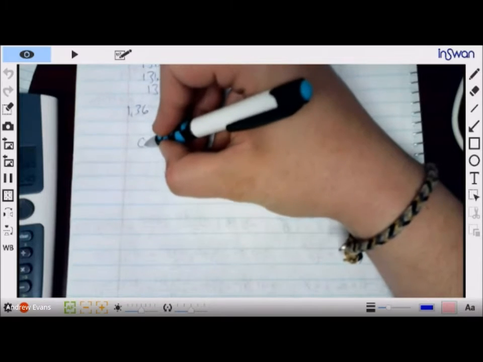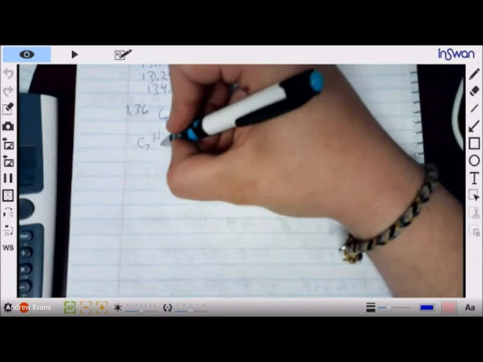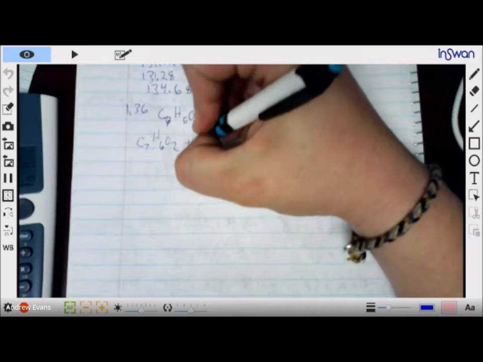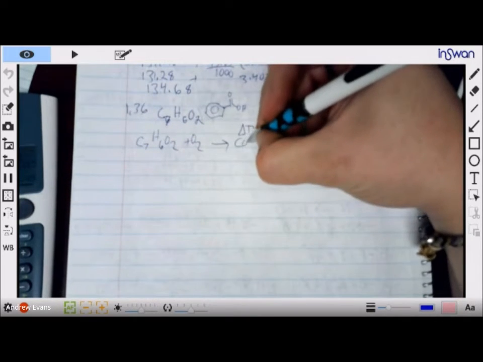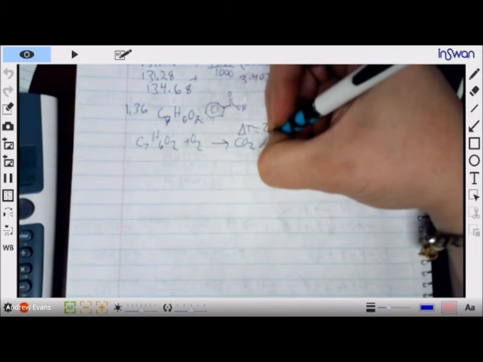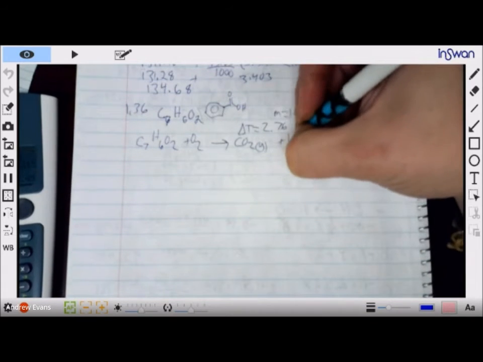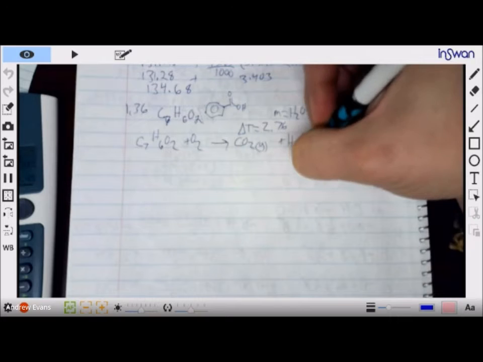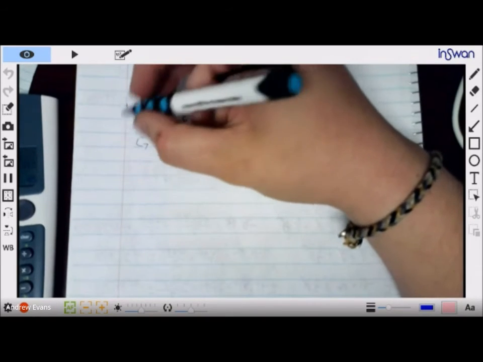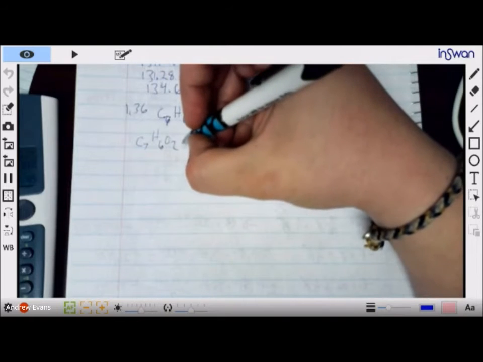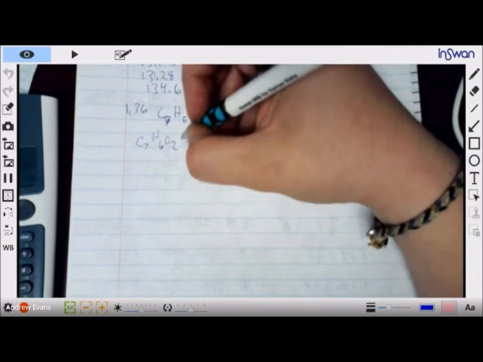So C7H6O2 plus O2 goes to CO2 gas, water, liquid. If this is benzoic acid, I'm assuming it's a solid.